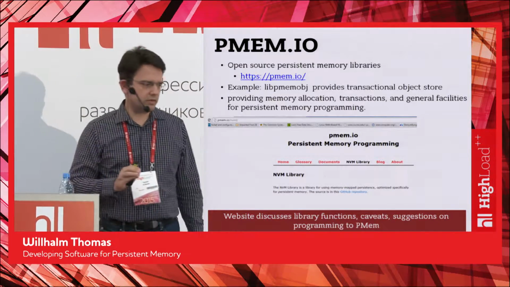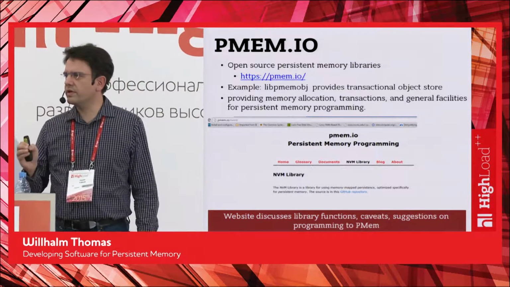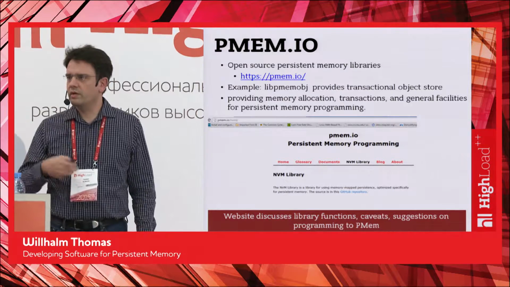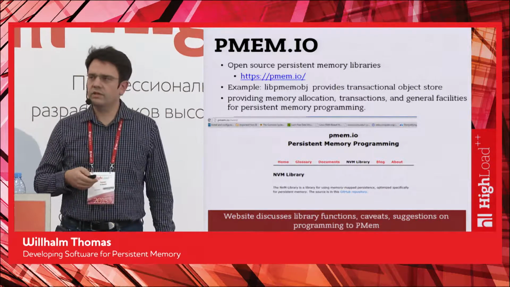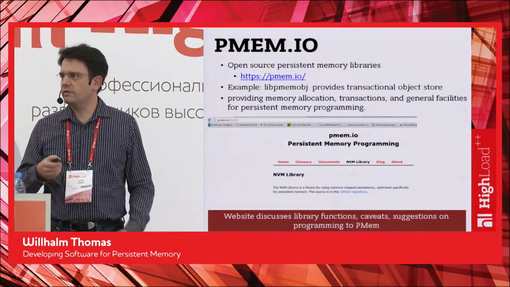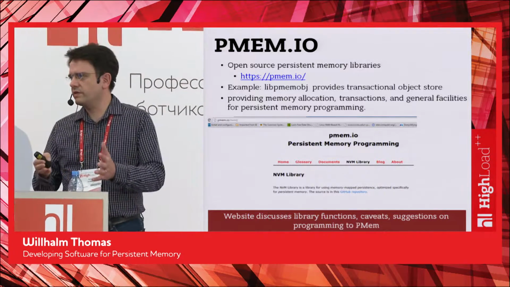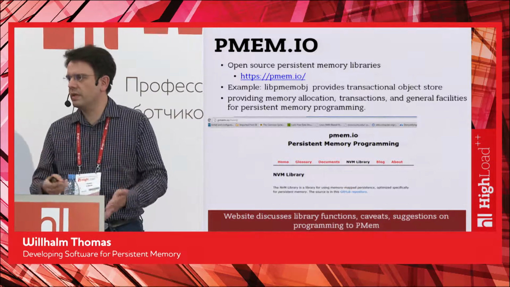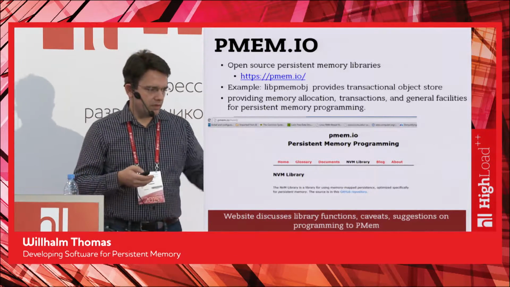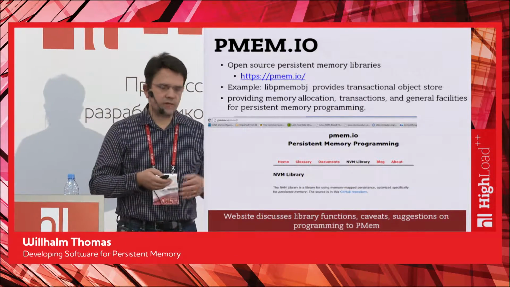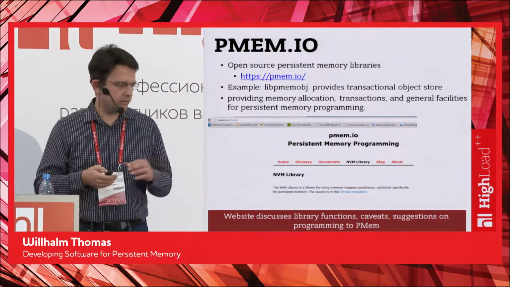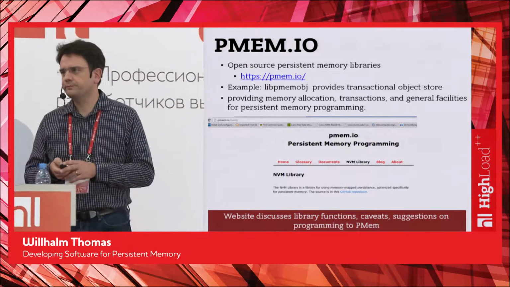You can just get this library, and they have things like a persistent object store, so that you don't need to worry about these things. Or you can also just use parts of it, like the allocator, which now also needs to be persistent memory safe. Yeah, it's already externally available. If you want to have a look today, you can grab it from there.